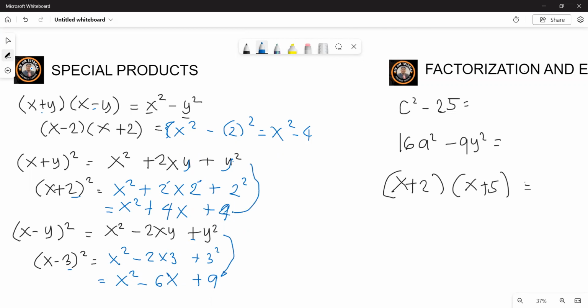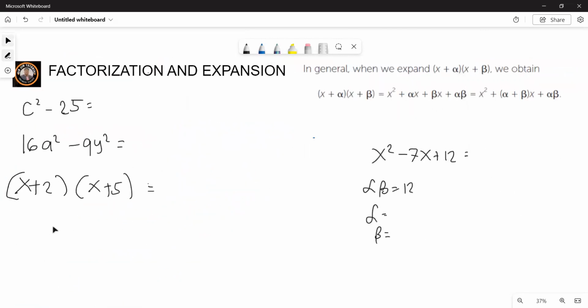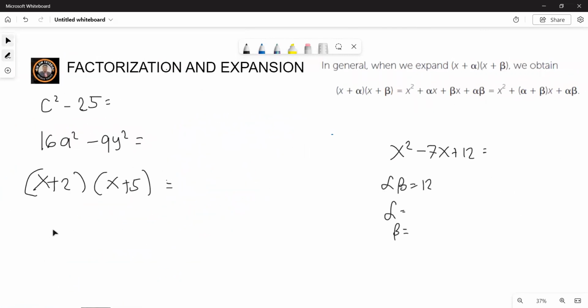Now we can use this one in factorization and expansion. So for example, you have here c squared minus 25. Obviously, from this formula, x squared minus y squared, you have (x plus y) and then (x minus y).